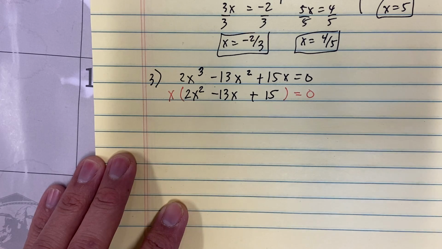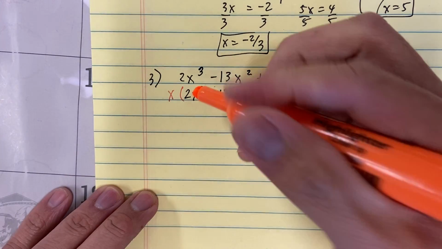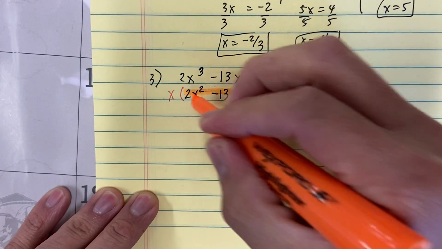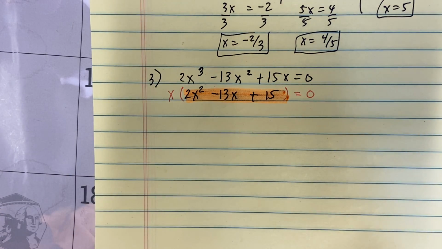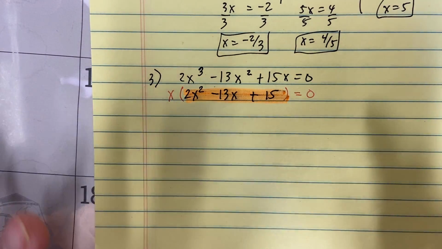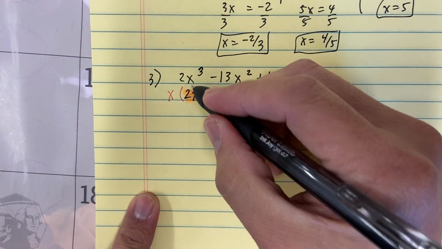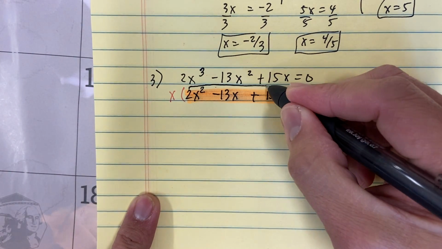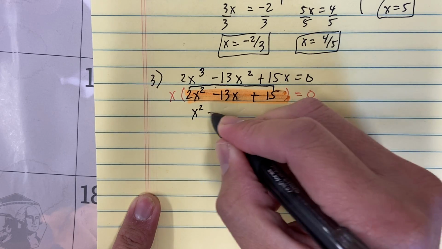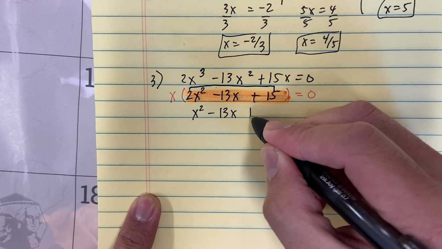Now, if you focus only on this part here, that can be solved using big boy factoring. Review: how do we do big boy factoring? You're going to multiply 2 and 15. It gives you x² - 13x + 30.